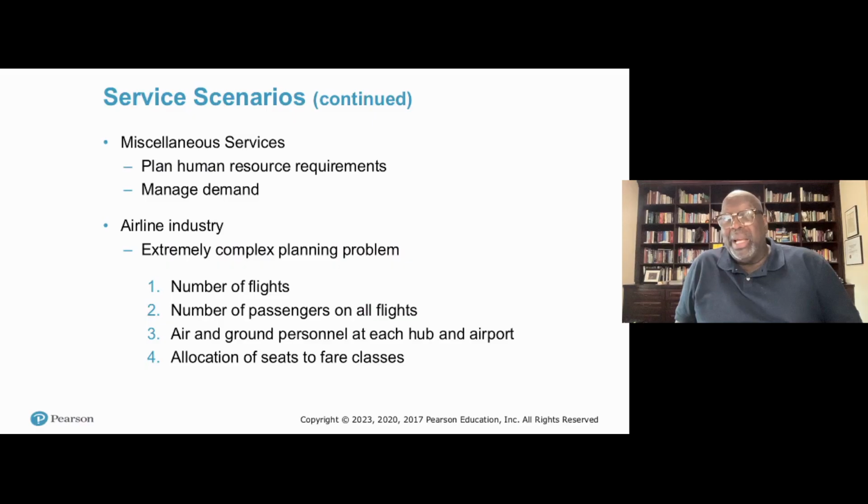You have a fixed supply, where each aircraft has a fixed number of seats, and you're trying to manage the demand, either through pricing, so that you could match the demand for that flight to the capacity of the plane.